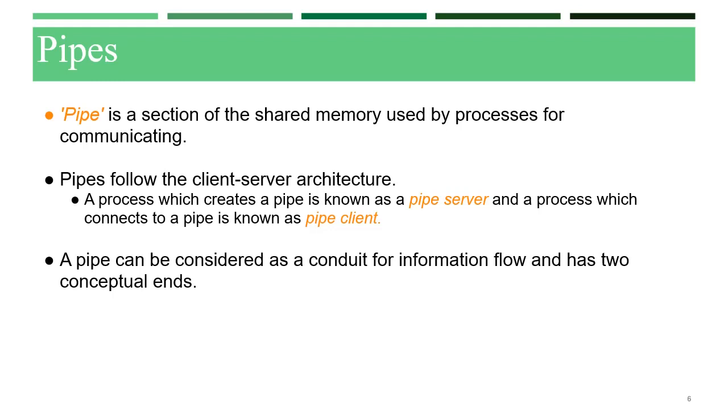A pipe can be related to a real world pipe, which is used as a channel for flow of water or other fluids. In the same way, this pipe is used for the flow of information, and it also has two conceptual ends.